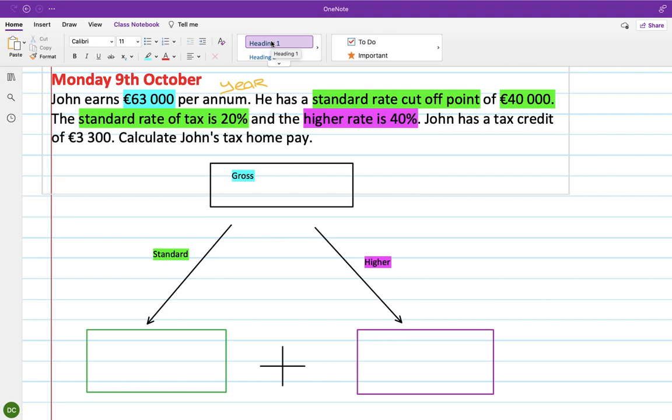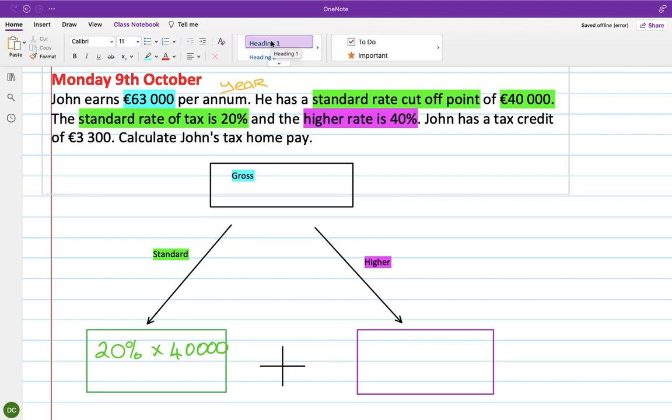Standard. Yeah? And if you look over on the left-hand side, I have standard there in green and a green box. So I was trying to get you to put all them things together. So we should be doing 20% coupled with the €40,000.